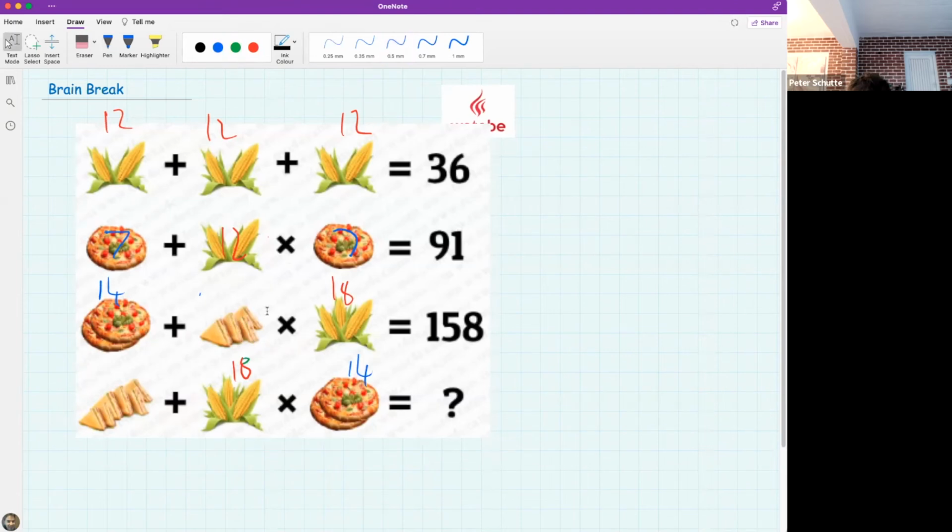So I definitely took it up a notch. In this one. Yes. So think about it. What's 4 sandwiches going to be? There's been some suggestions that 8 times 18 plus 14.